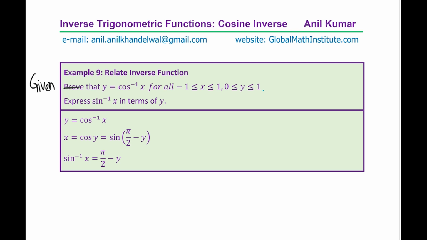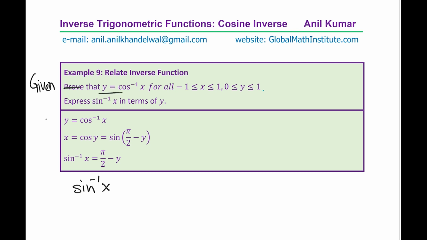Express sine inverse x in terms of y. So how will you express sine inverse of x in terms of y? One of the methods shown here is, when I say sine inverse of x in terms of y, we have to write this as a function of y, right?